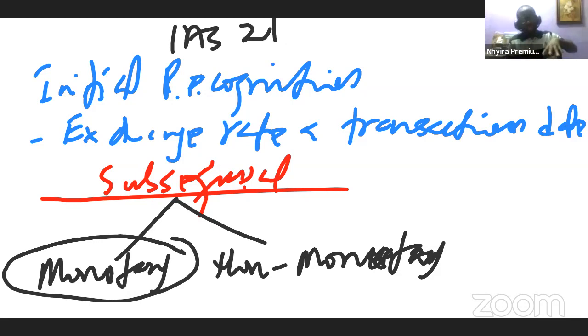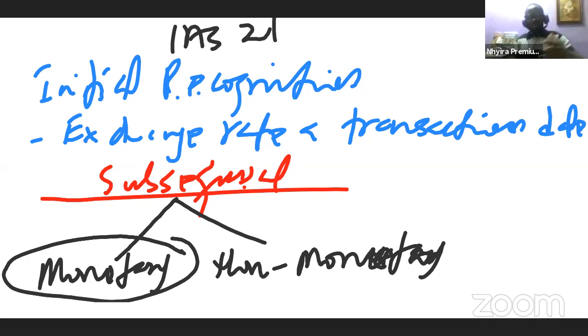So let me take that again. For monetary items, you will carry it using the closing or the reporting exchange rate on the face of the statement of financial position. For that reason, there may be exchange losses or exchange gains. That is the difference between the initial recognition and then the closing or the reporting date value.